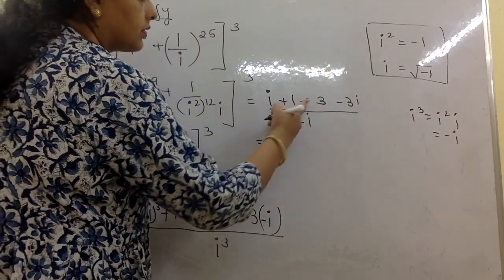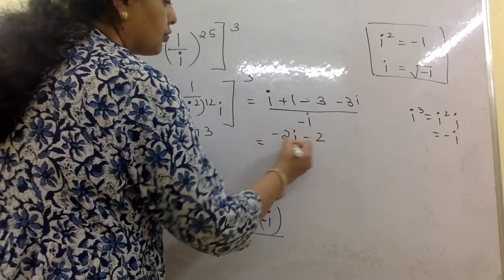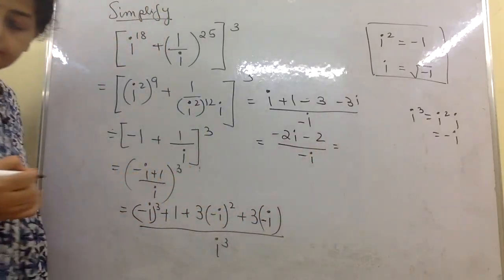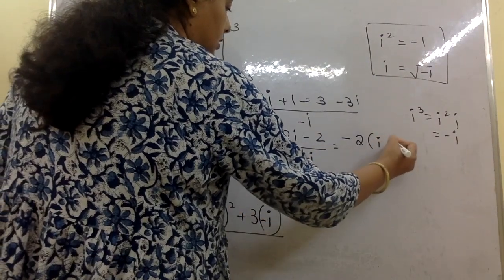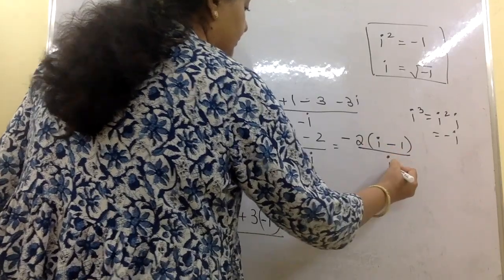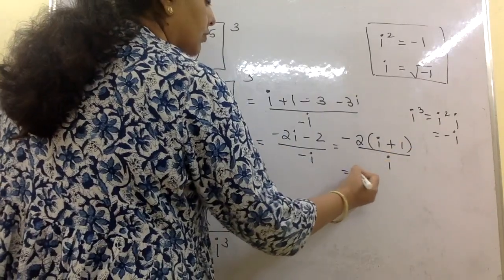So I have minus 2i minus 2 by minus i, which is equal to i minus 1 by i, okay. So i plus 1 by i, what is that?